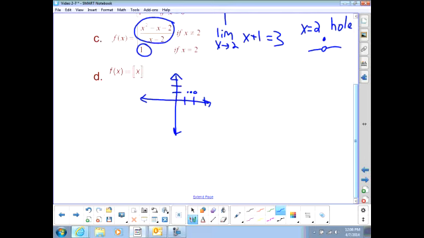When it then gets to 2, it'll jump up to 2. So we have jumps at every single integer. So this is discontinuous at all integer values. And our reason, because we have the jump, is continuity.